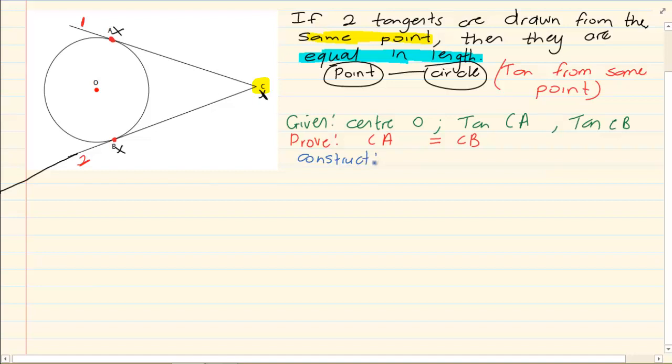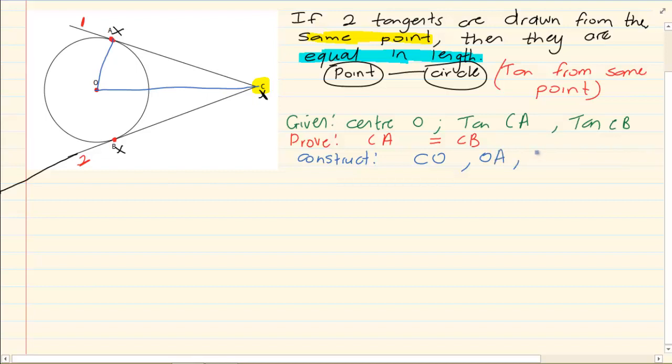What are we going to construct? We are going to construct a chord from CO. So basically from the point to the center. Then we are also going to construct OA. So again, it's from the center to the tangent. That is important.